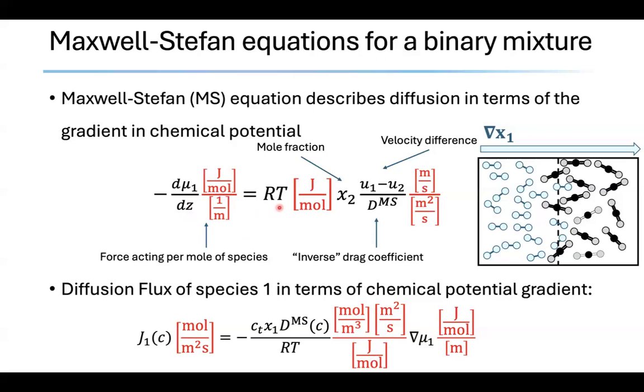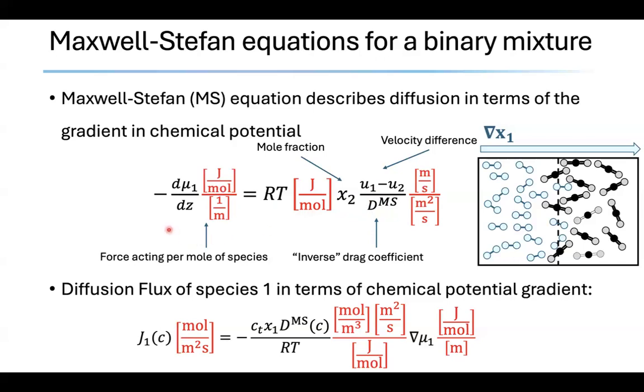That equals RT times the mole fraction of component 2, which is x2, times the relative velocity of component 1 with respect to component 2 divided by the DMS term, which we call the Maxwell-Stefan diffusion coefficient.